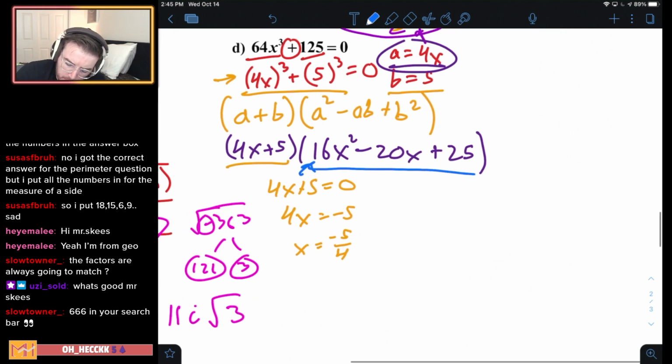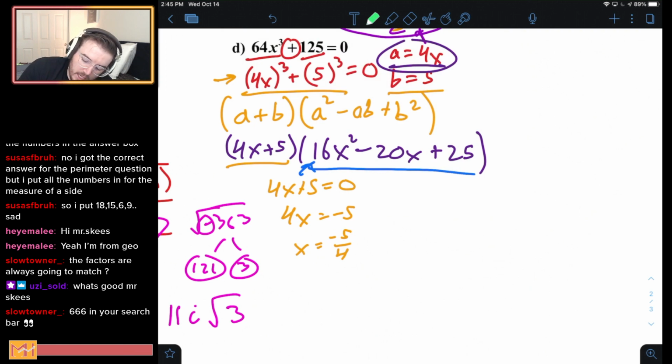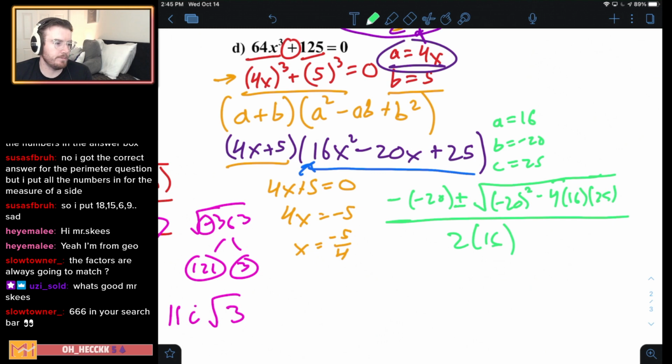So we're going to plug it in carefully. What color should we use? Let's spice it up with a pastel color. Pastel green here. Negative b. A is 16. B is negative 20. C is 25. So negative b plus or minus the square root of b squared minus 4ac all over 2a.